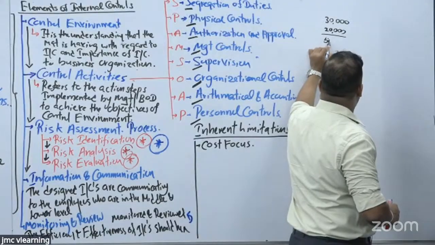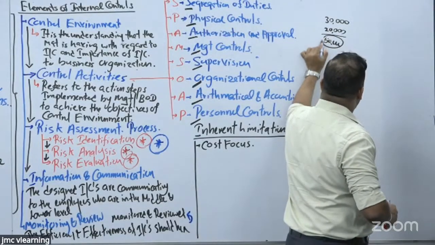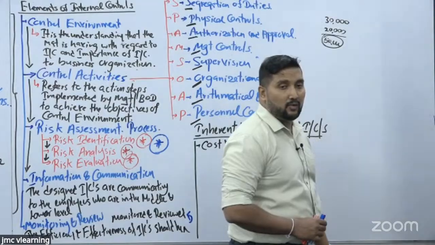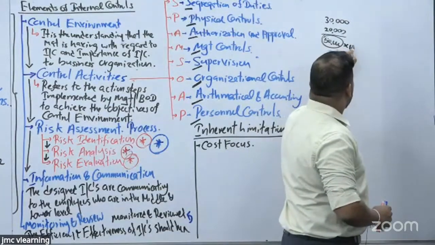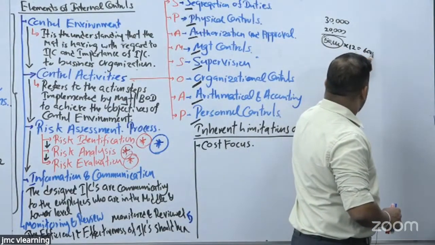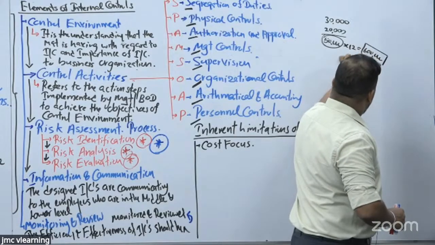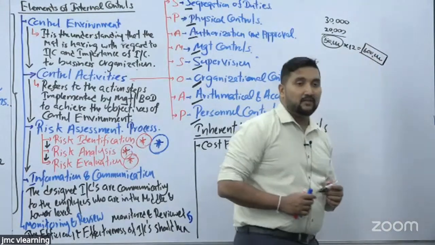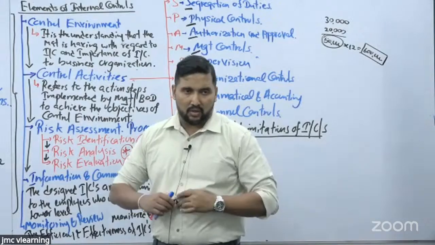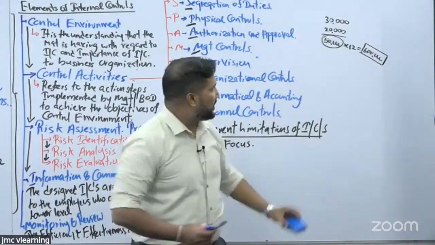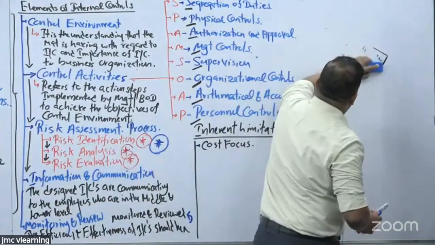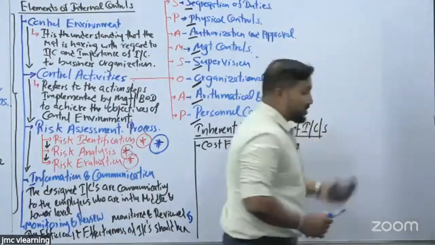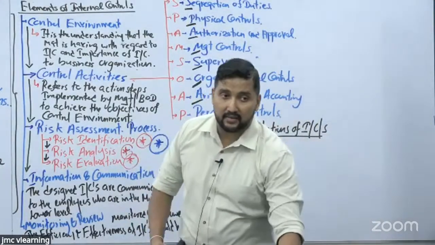Monthly, you incur a cost of 50,000. Multiplied by 12, it comes to 600,000. So as a result of implementing this control, you are additionally incurring an expense of 600,000.